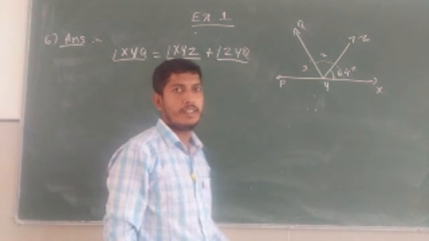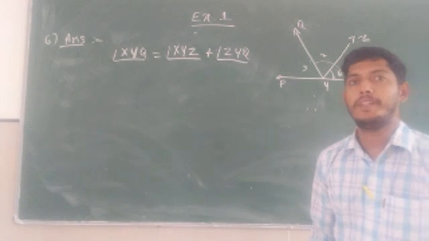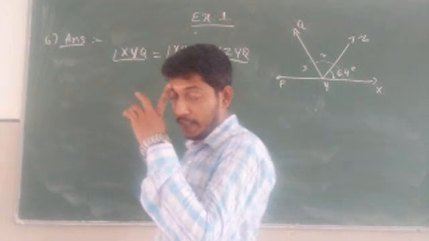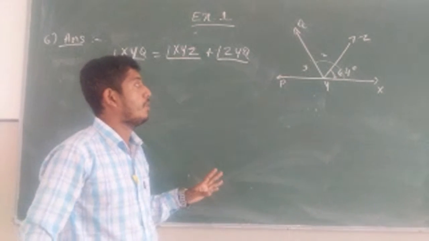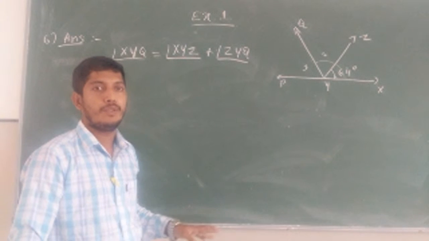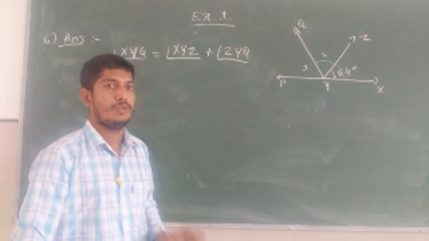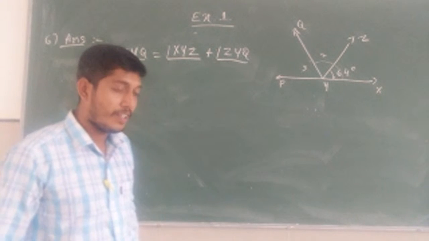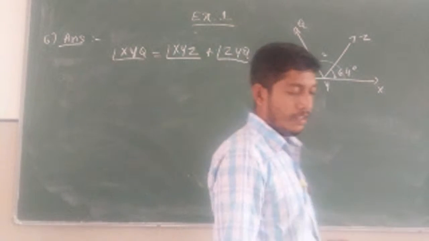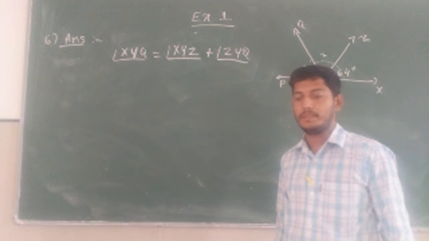You have to listen to this problem very carefully, and you must know the basic things required to solve this problem. Otherwise you will get confused and will not be able to solve it. Maths is very easy to solve, but you have to remember the basic things.